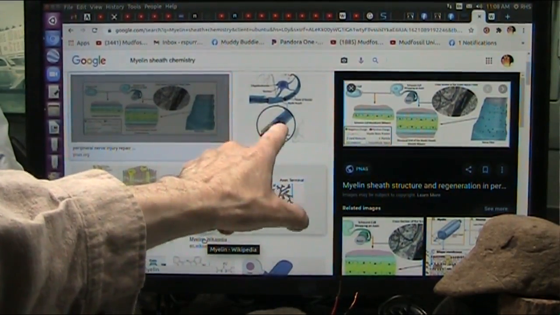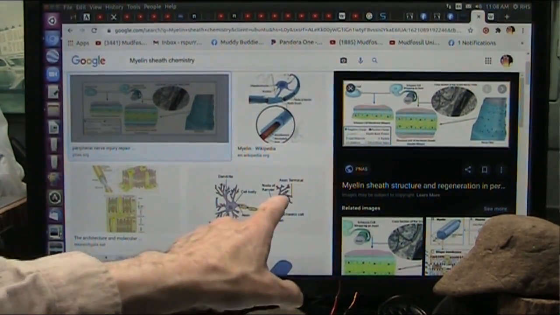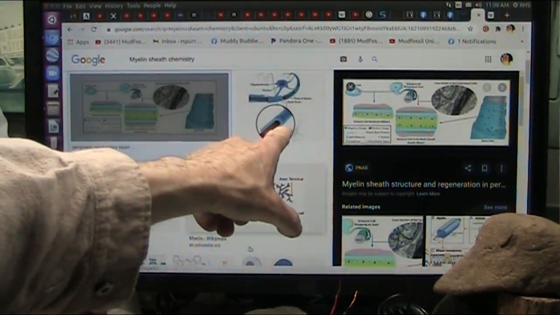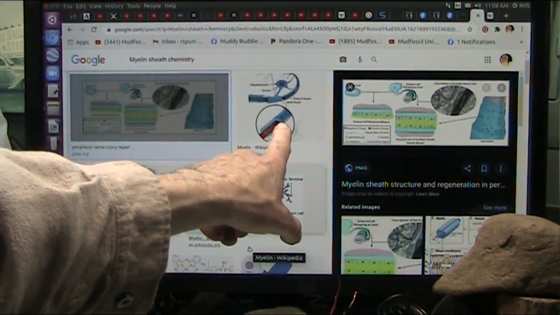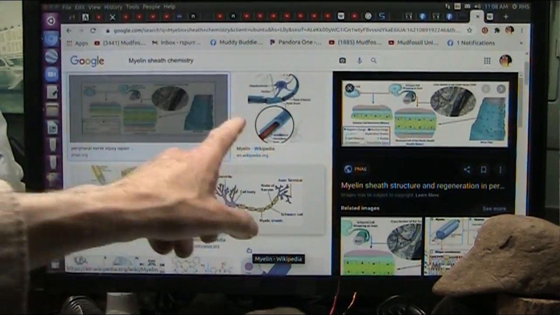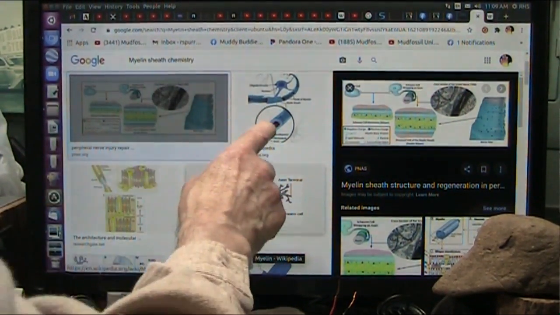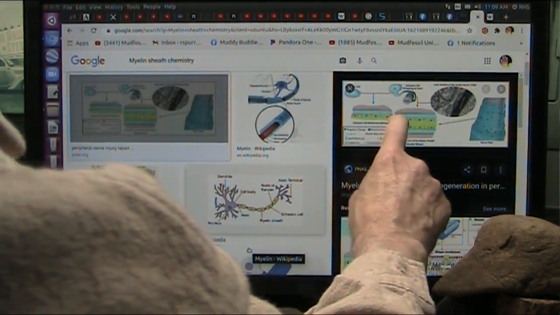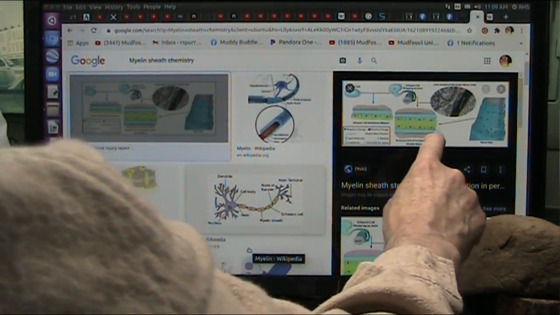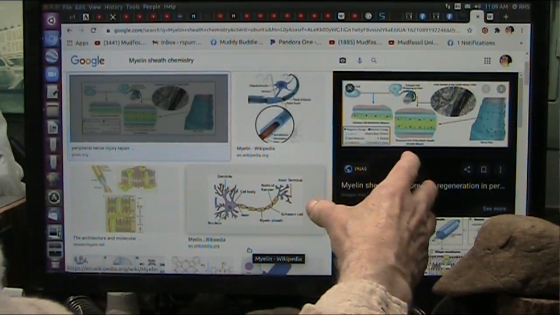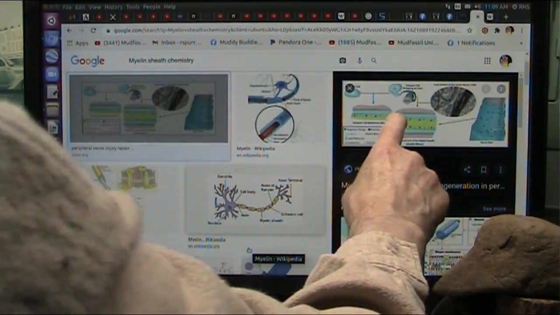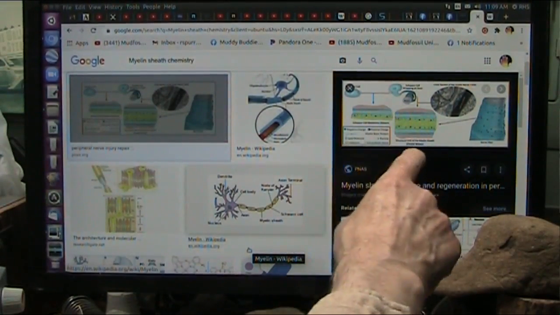I want to see some electron microscope shots. If we could see that well, what we need is the chemistry done, and to look at all the different areas in the body and see what is the coating of that sheathing, what lives in there, what a healthy living body has in that myelin, because I know that's shorting out.